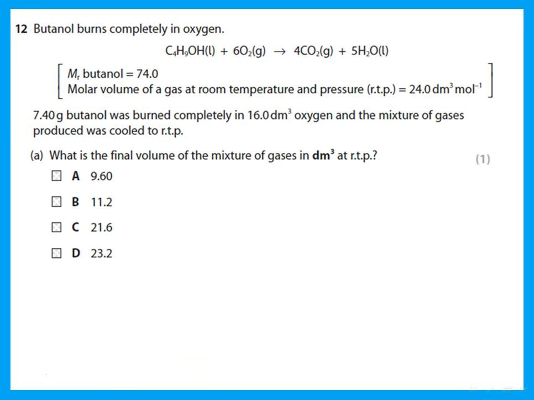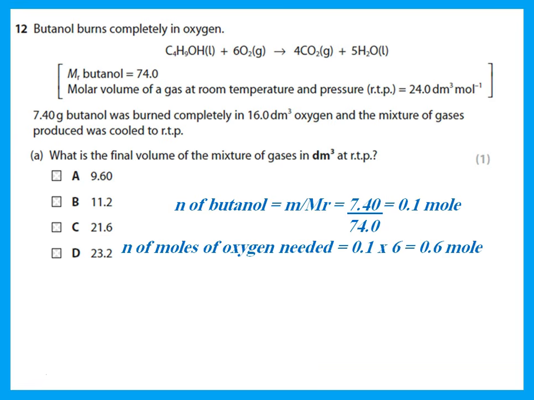First of all, he gives me 7.4 grams of butanol, so I need to get the number of moles of butanol. Number of moles of butanol is the mass over the molecular mass, and that gives me 0.1 mole. And then I compare that to the others and see how many moles of oxygen is needed to react with this.